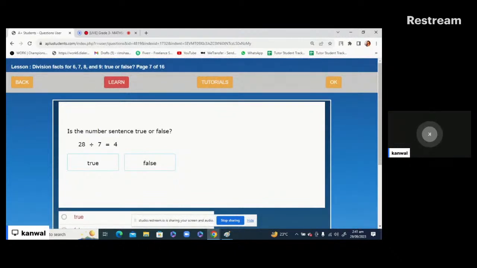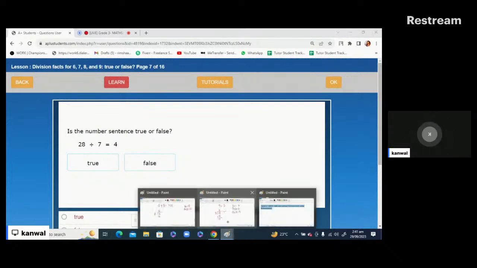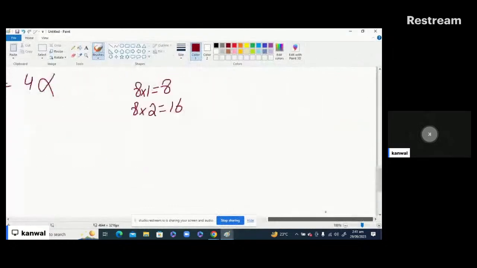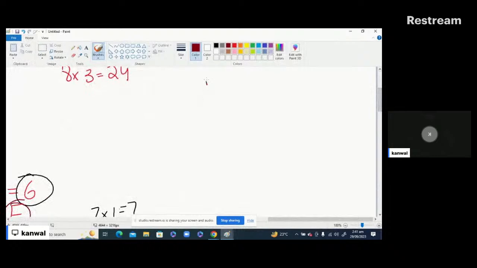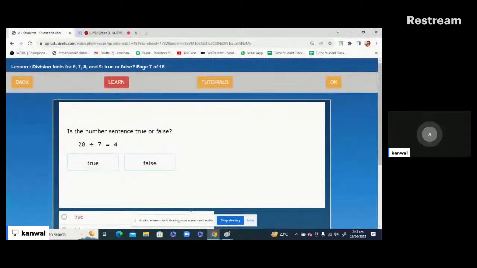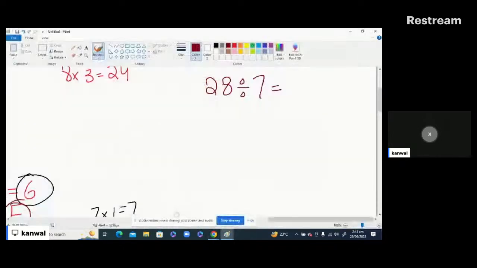Alright, good. 28 divided by 7. Let's solve this question. Okay. 28 divided by 7, and here the answer given is 4. Let's check, is that true or false? 28 inside, 7 is outside.